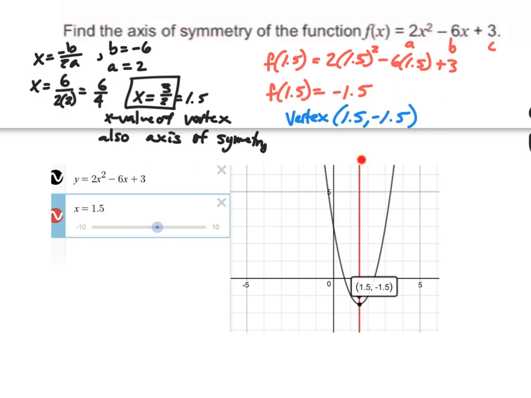And then I graphed the line x equals 1.5. When you have x equals a number, this is a vertical line, and that's what we got. I just wanted to double check that we get the same thing.